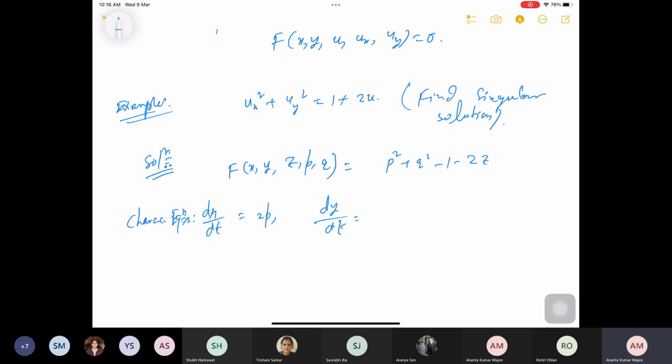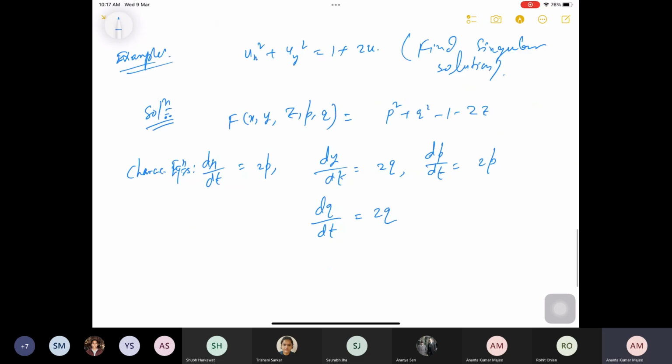Again, that is f_q, this is 2q. And then what is your dp/dt? That is minus f_x minus f_z times p. So from there you see that it should be 2 times p. And what is your dq/dt? This is 2q.